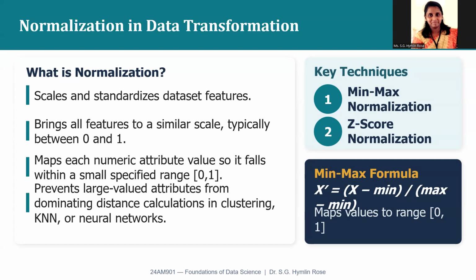Now, for normalization, the key techniques are min-max normalization and Z-score normalization. The min-max formula is x' equals x minus the minimum value, divided by maximum minus minimum value, which maps values between 0 and 1.